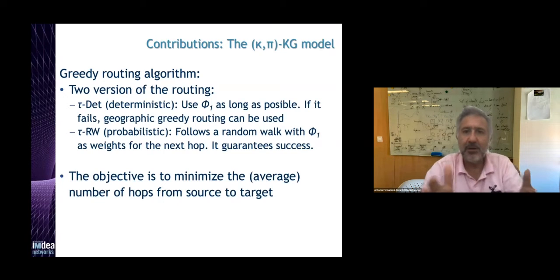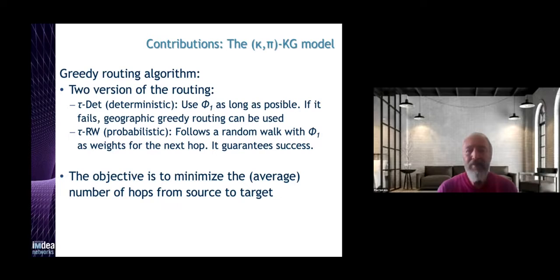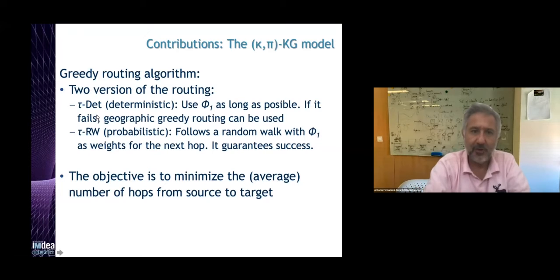It could be like an additional mini contribution: in order to remove even further the probability of having failures in the routing, actually bringing it down to 0, we consider the possibility of having probabilistic routing. So in our routing, we're going to have two versions.